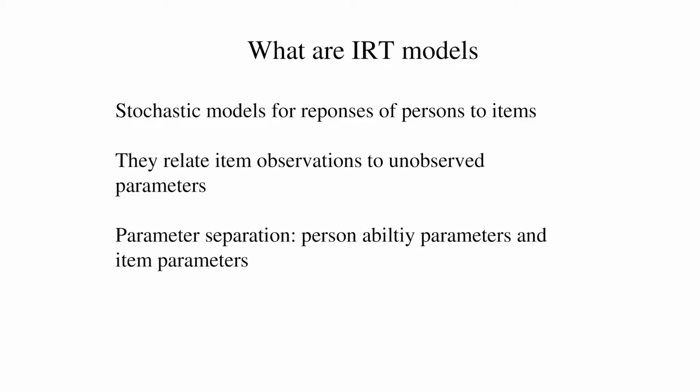And an important feature of IRT models is the aspect of parameter separation, that you distinguish between the influence of persons or students on the responses and the influence of items and the difficulty of items and even maybe the structure of items. So parameter separation is one of the essential things that defines IRT.